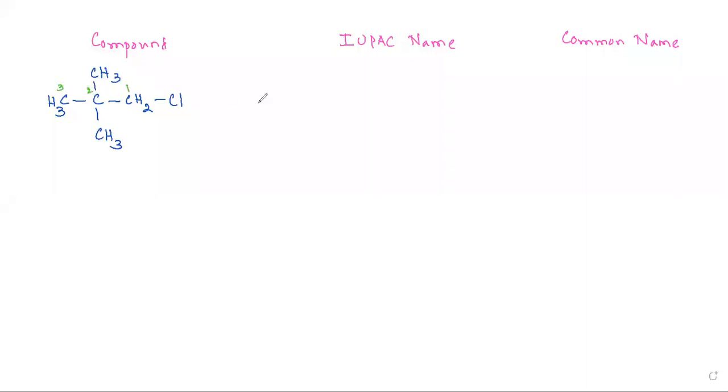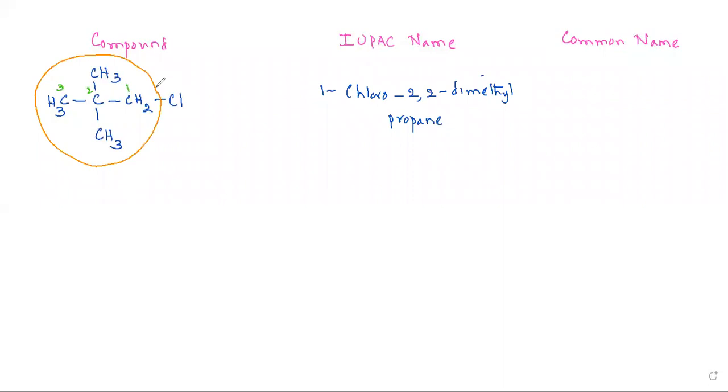1, 2, then 3. So this can be written as 1-chloro-2,2-dimethylpropane. And you know this arrangement is called neo arrangement, where see there is a 4-degree or quaternary carbon, but still this is a primary alkyl halide.